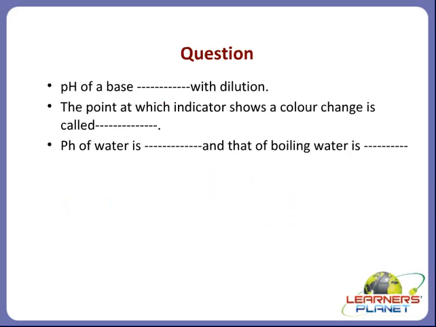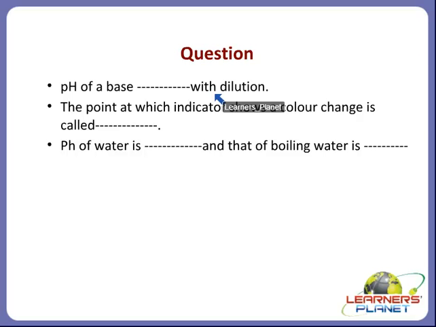In our previous session, we discussed questions related to chemical properties of acids and pH. In this session, we will be discussing a few more questions about the same. Here, students, these questions we have discussed, that is, pH of a base decreases with dilution.